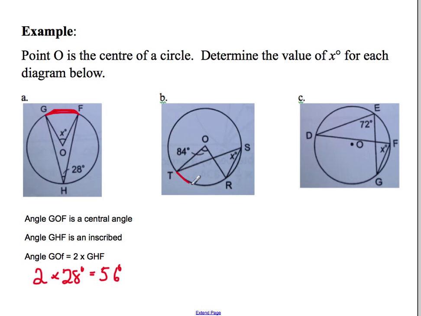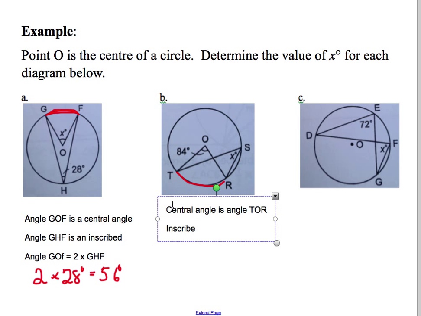Here I have an arc TR, and I know that because if I go to the center and draw, it starts at T and ends at R. That's how I do it, but different teachers teach differently. So I know that that's my arc. Okay, so I go to T, I go to O, and I go to R. So my central angle is angle TOR.